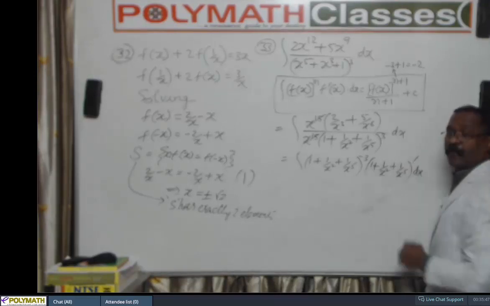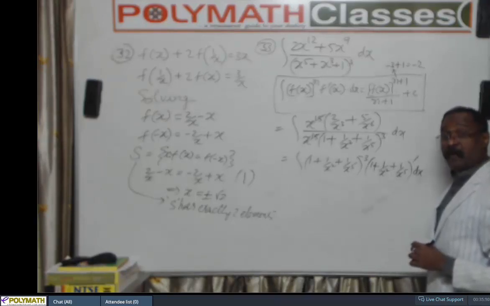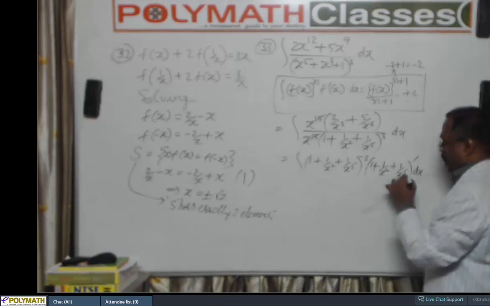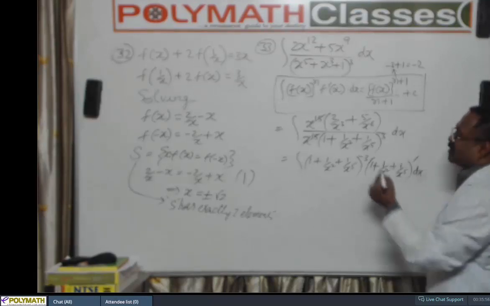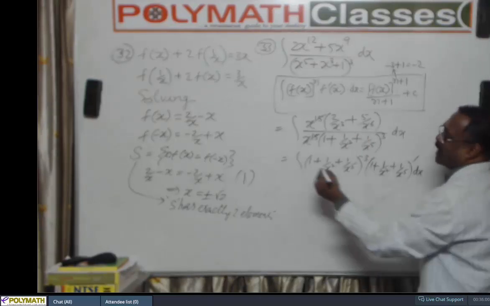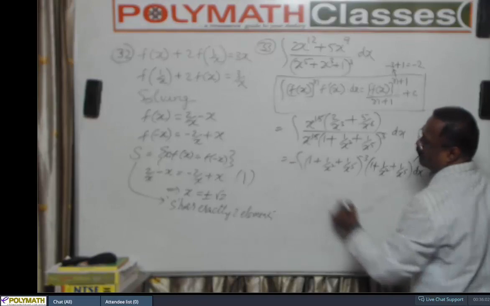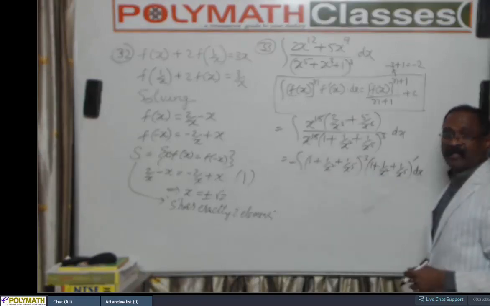Derivative of 1 is 0. x power minus 2 derivative is minus 2 by x cube. x power minus 5 derivative is minus 5 by x power 6, which is very much there. But there is a difference of minus. Put a minus before it, and minus becomes plus, and you'll get the same term there.